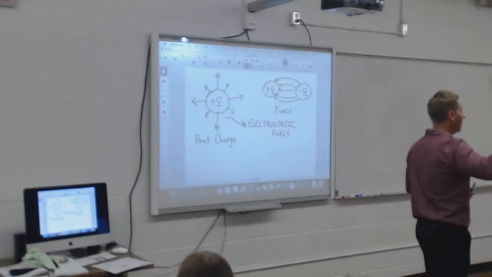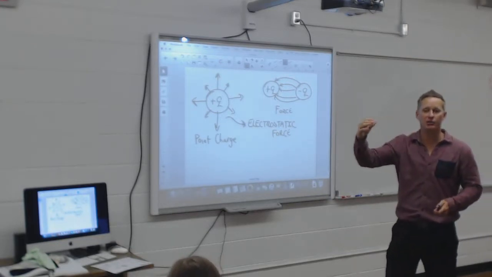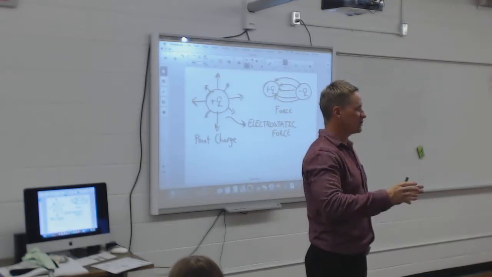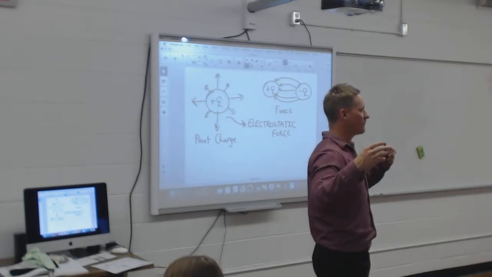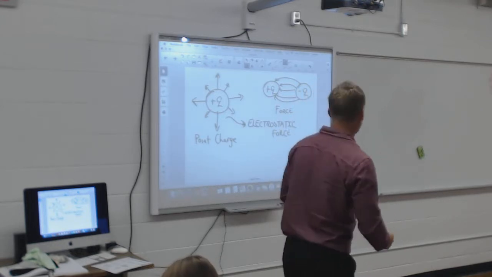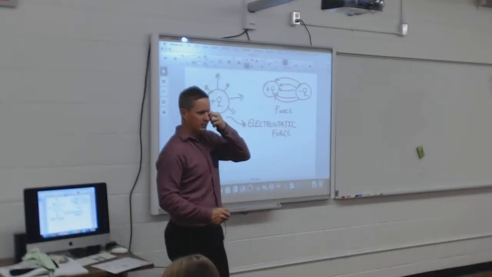Just the same as the further you get away from the center of the Earth, the less gravitational pull there is on you. Okay? So the further that the Earth and the Moon get away from each other, the less there is a gravitational pull. Okay, does anybody have any questions about that? So this is what we call electrostatic force.